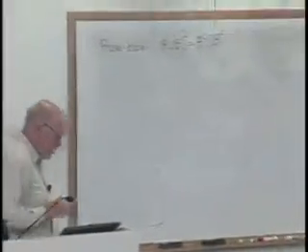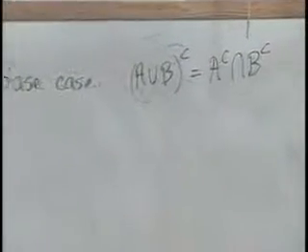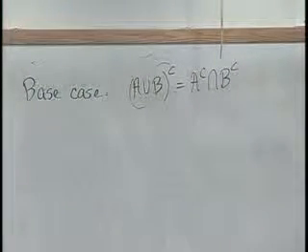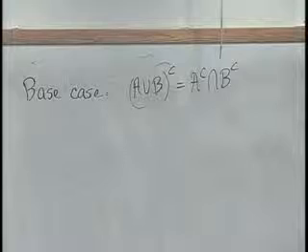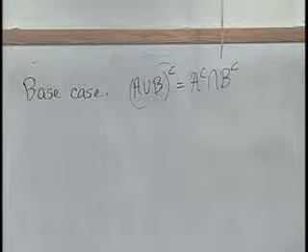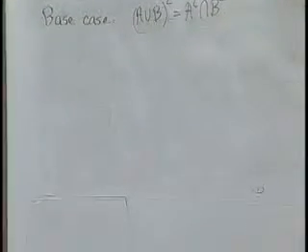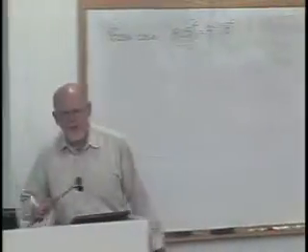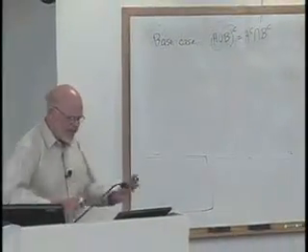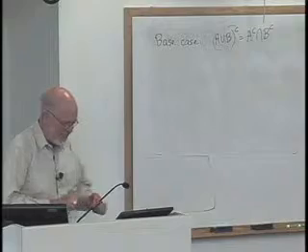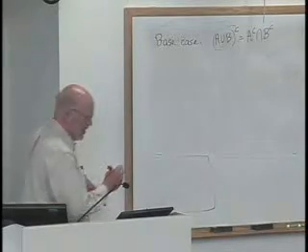Now, what I need to do is to prove that the principle is true for n plus 1 if I assume that it's true for n. Alternatively, I could assume that it's true for n minus 1 and prove that it's true for n. I'll do that later on. That's a matter of just making the indices look neat. And in this particular case, I like it this way better.